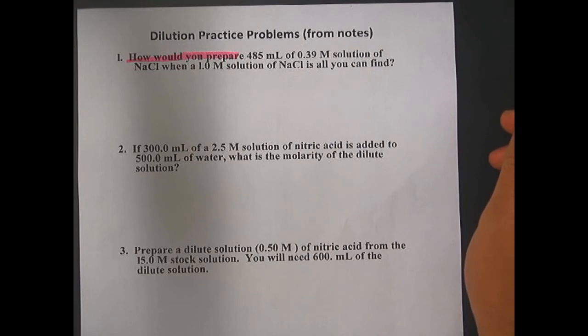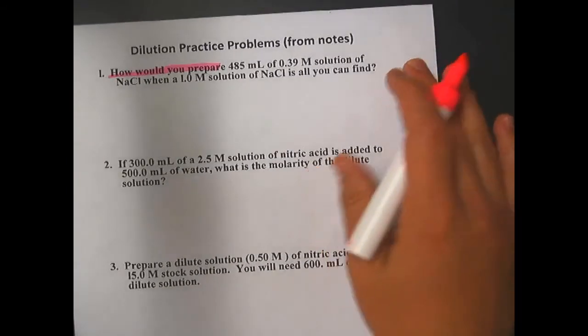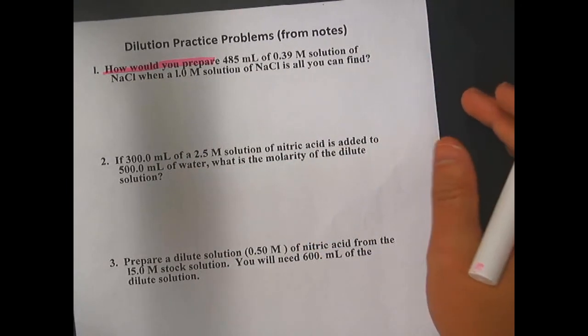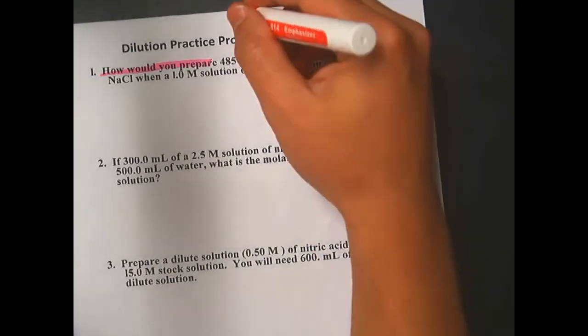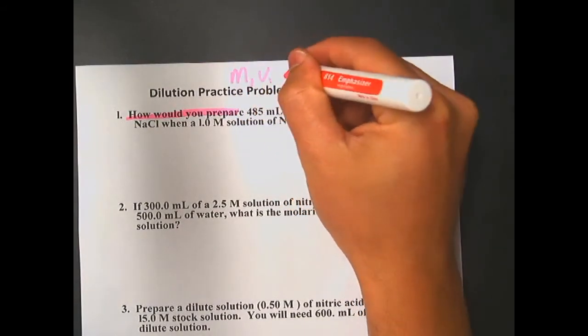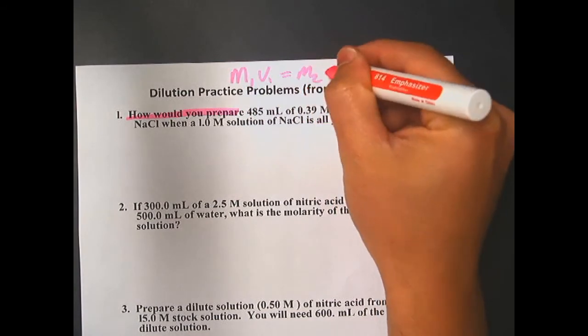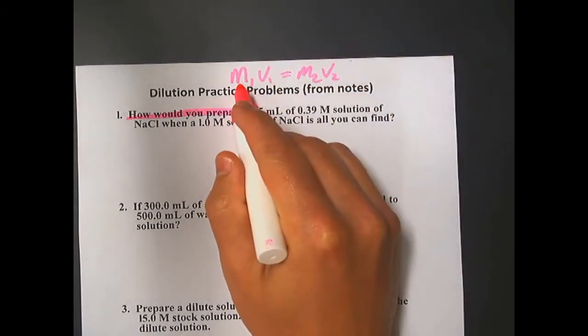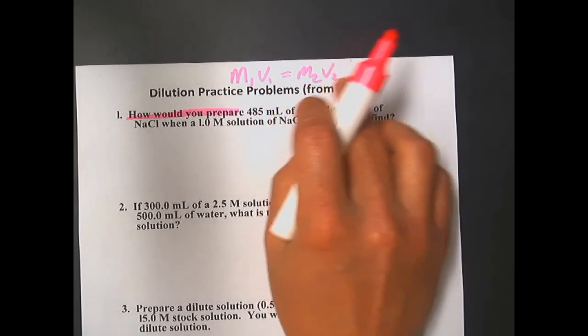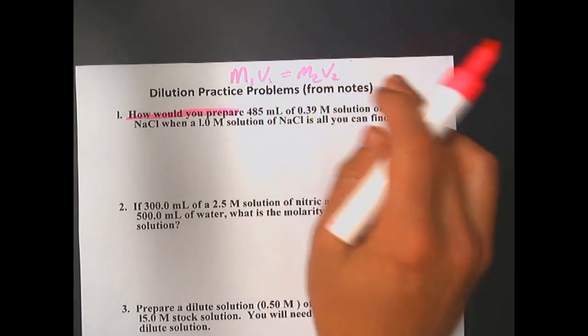That's kind of telling you it's a dilution problem. So we're going to use M1, V1, M2, V2 on all these. So I'm going to make sure I know that M1 V1 equals M2 V2. Concentrated molarity times that volume is equal to the diluted molarity times the diluted volume.